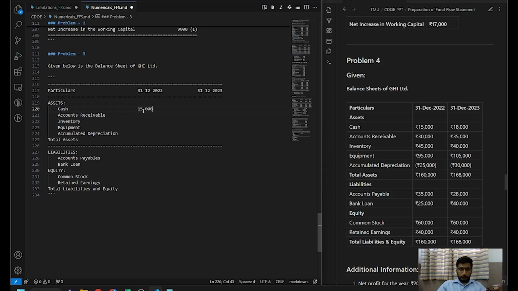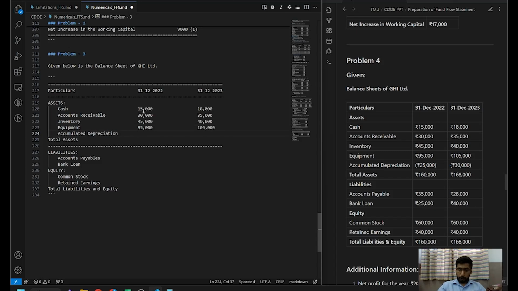We have a cash of rupees 15,000 for the year 2022 and for the year 2023 the cash is 18,000. The accounts receivable is 30,000 for the year 2022 and 35,000 for the year 2023. We have the total inventory of rupees 45,000 for the year 2022 and 40,000 for the year 2023. We have an equipment of 95,000 for the year 2022 and 1,05,000 for the year 2023.